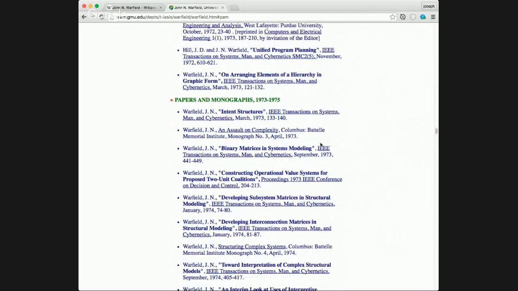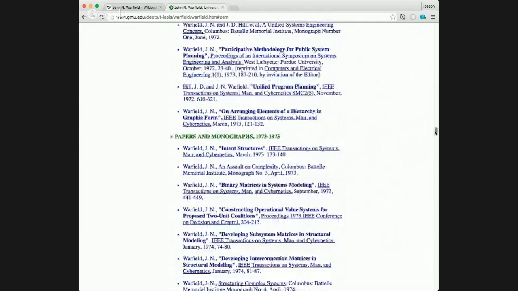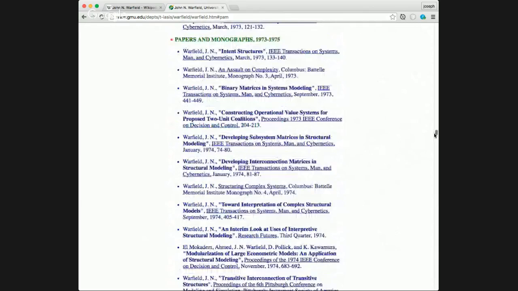This is a very important paper on matrix mathematics and matrix application, especially the ideas of circuit switching and how you analyze the structure of a matrix. It assumes that you have some background, I think, in switching theory to understand what it says, and of course developing subsystem matrices and so forth.